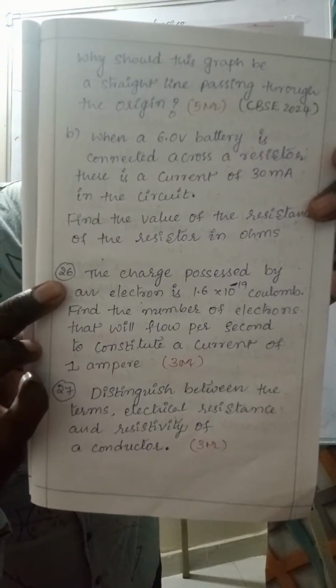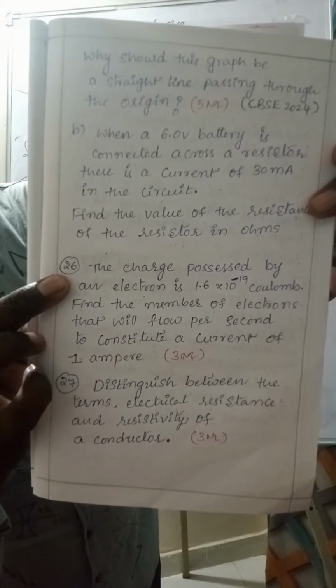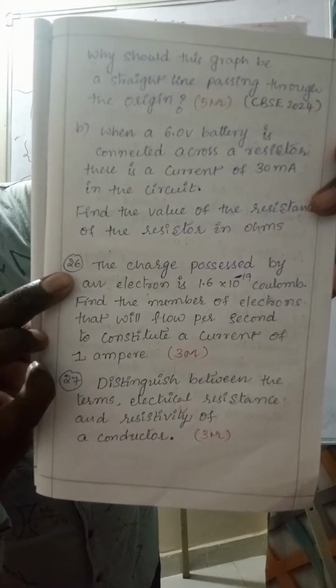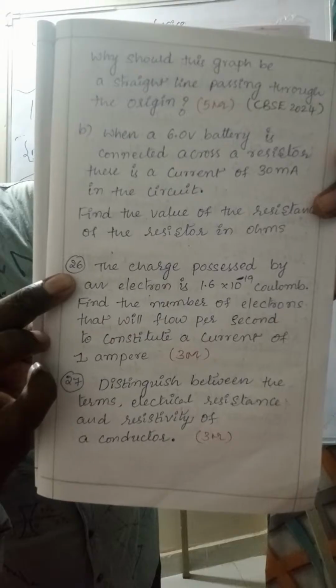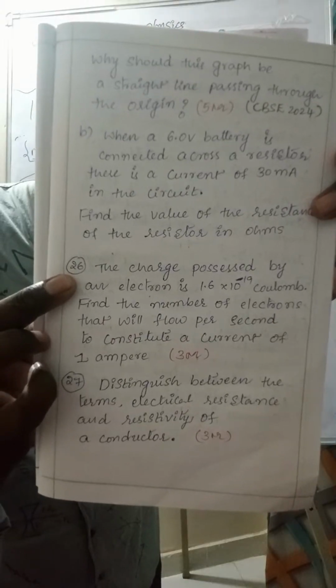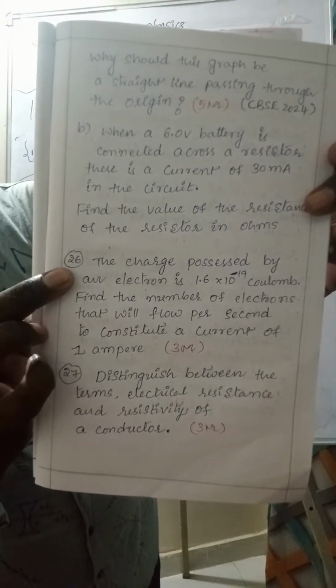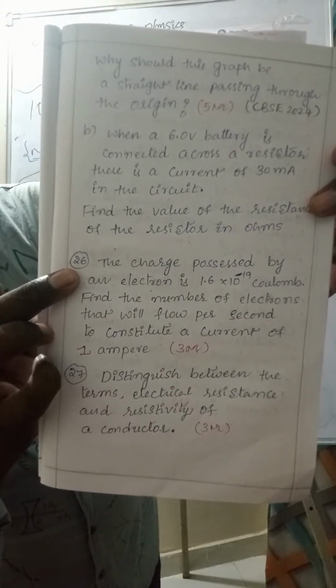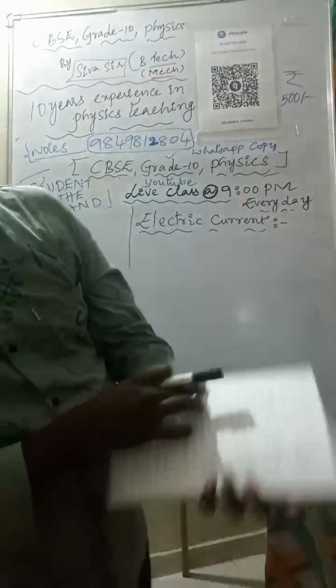You can read the question or take a screenshot. The charge possessed by an electron is 1.6 into 10 power minus 19 coulomb. Find the number of electrons that flow through a wire per second to constitute a current of 1 ampere. So this is the question.